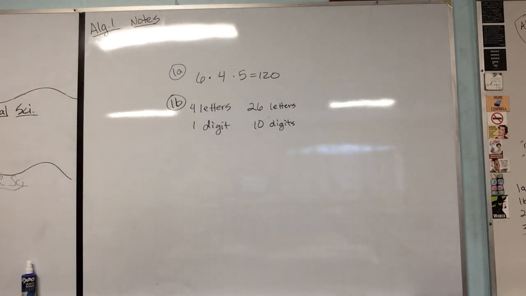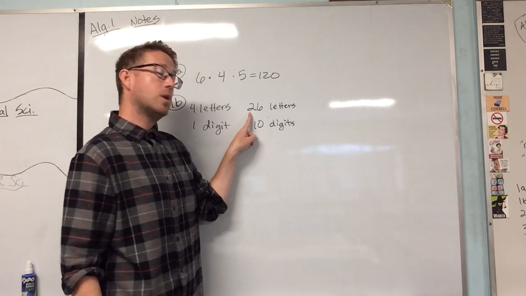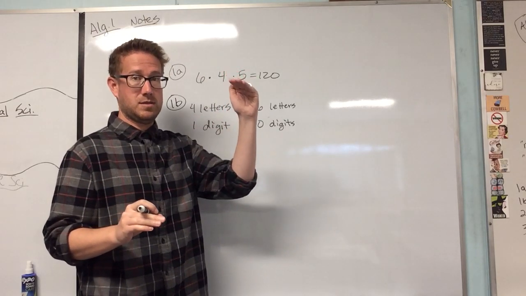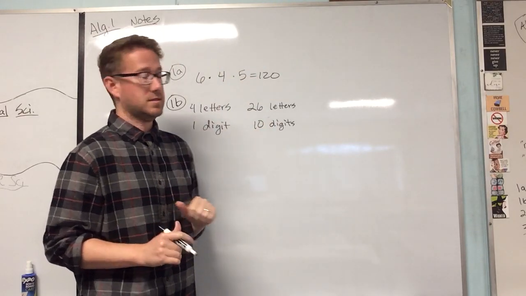Okay, so let's go back to the problem. 1B. A password is 4 letters followed by 1 digit. Uppercase letters and lowercase letters may be used and are considered different. We have 26 letters in the alphabet. However, uppercase would be 26 letters and lowercase would be 26 letters.